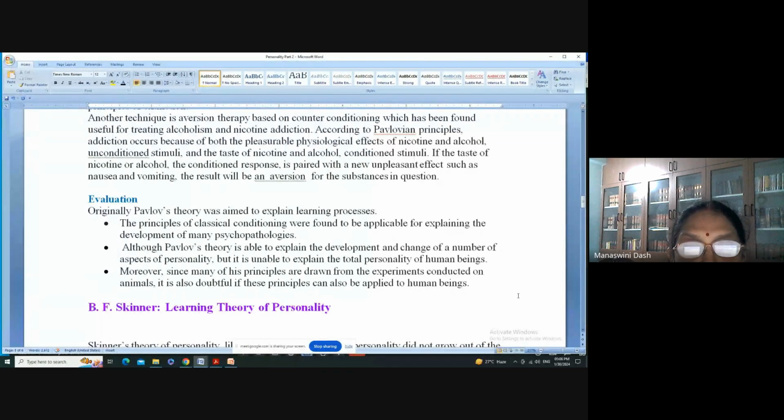Although Pavlov's theory is able to explain the development and change of a number of aspects of personality, it is unable to explain the total personality of human beings. It is not holistic. Moreover, since many of his principles are drawn from experiments conducted on animals, it is doubtful if these principles can also be applied to human beings.